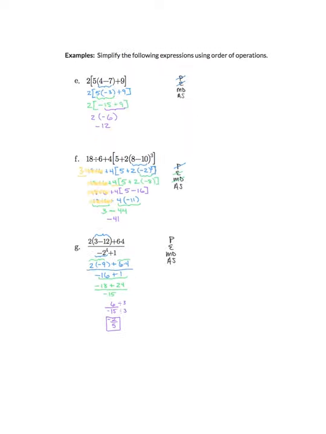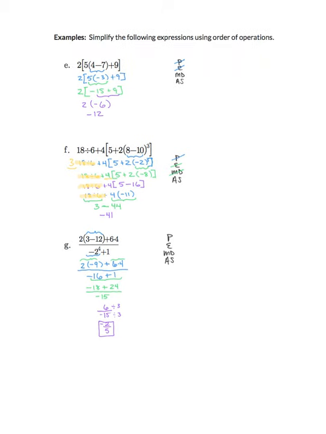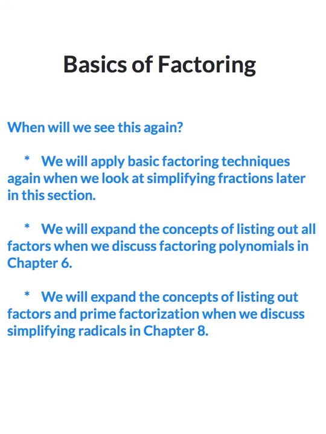And that takes care of some of the more complicated examples. Again, the more steps you take, the better off you are, the less likely you are to make mistakes. This concludes our basics of factoring. Note that factoring, we will see throughout the semester. The first place that we are going to see it is later in this section when we get to part 4 of 8.2.